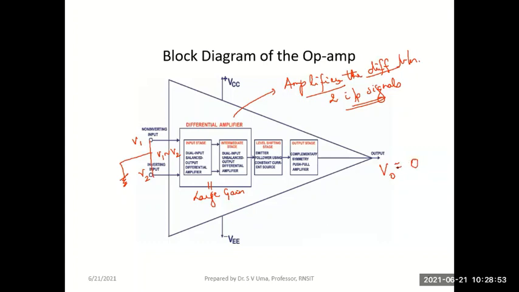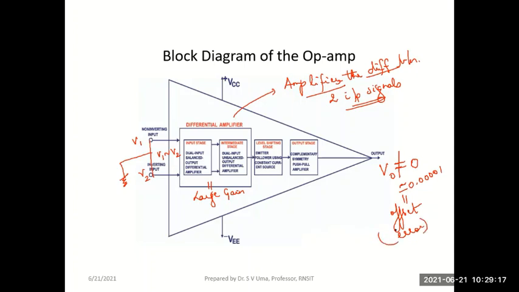But practically what happens, this output will not be 0. It will have some small value, say 0.0001, something like this. There will be a very small value of output voltage even when both the inputs are shorted and connected to ground. This voltage is known as the offset voltage or the error voltage.